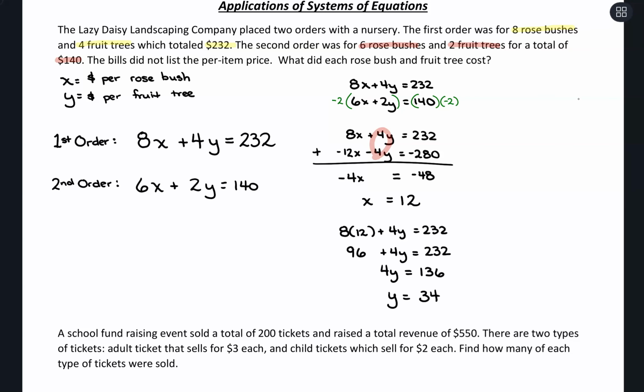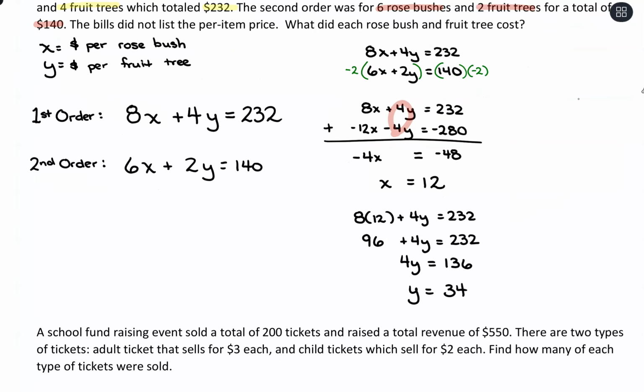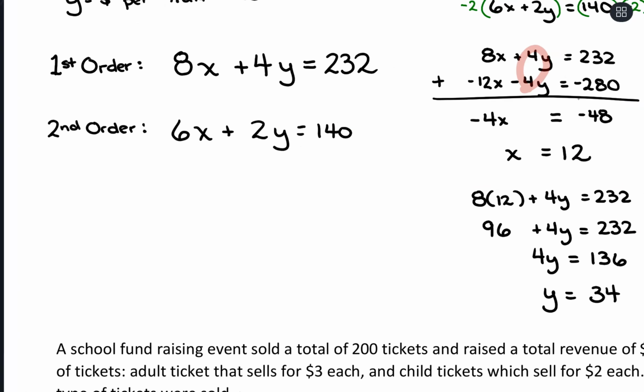Okay, so we got x, we got y, and what we should end with is a nice sentence answer that actually answers the question. So what did each rose bush and each fruit tree cost? And actually, before we make the sentence, we should really check our answers, plugging in 12 to make sure it works and plugging in 34 to make sure it works. Let's just, for the sake of time, go to our sentence.